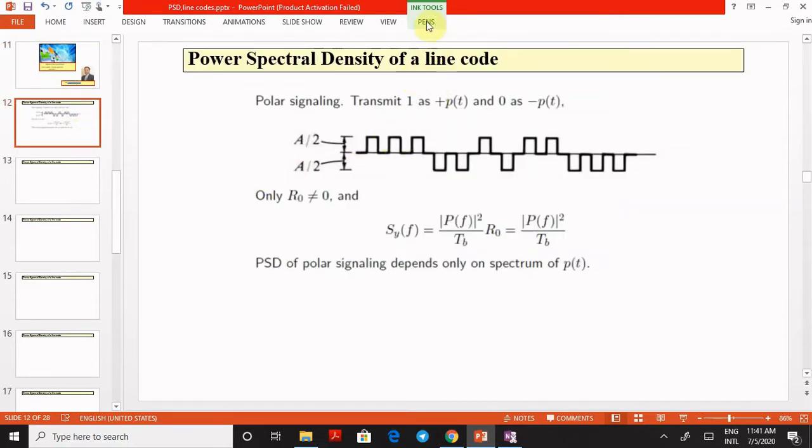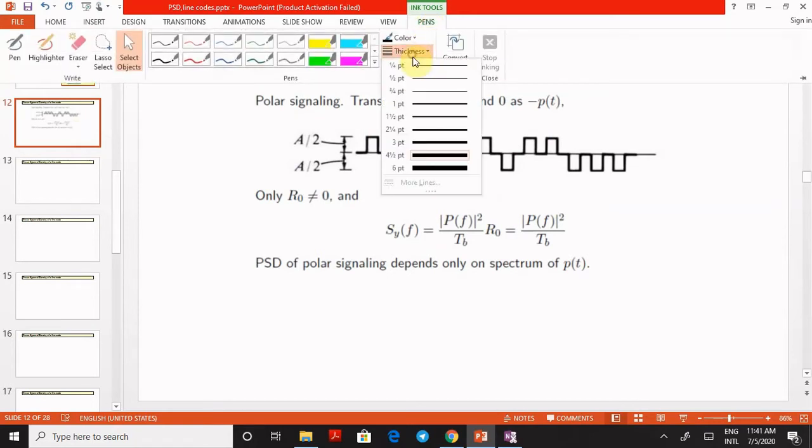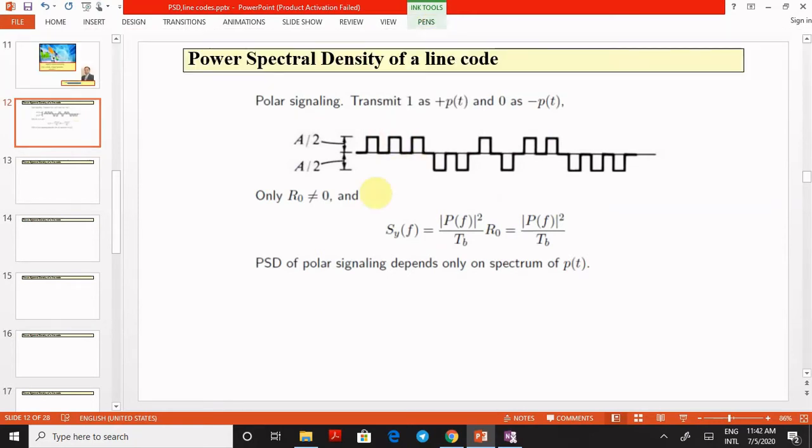So what is polar signaling? In polar signaling, whenever we represent bit 1 by the pulse plus p(t), and whenever we represent bit 0 by minus p(t).